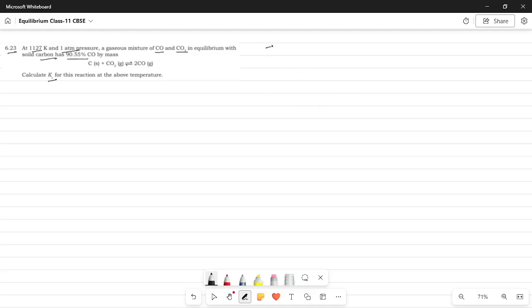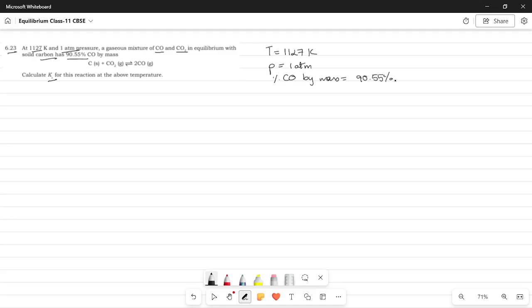So the first thing they've given us is the temperature, which is 1127 Kelvin. We have the pressure, which is 1 atmosphere. And we have the percentage of carbon monoxide by mass, which is 90.55%.